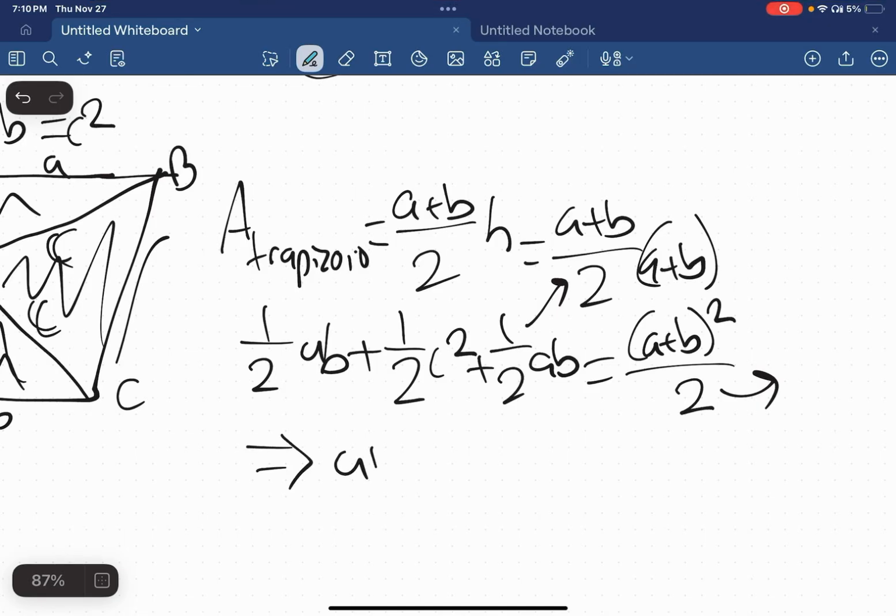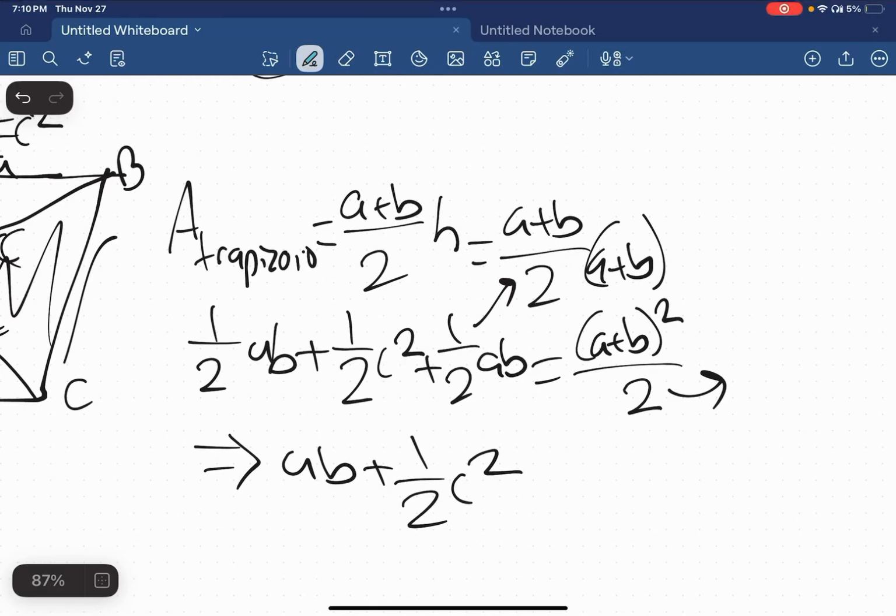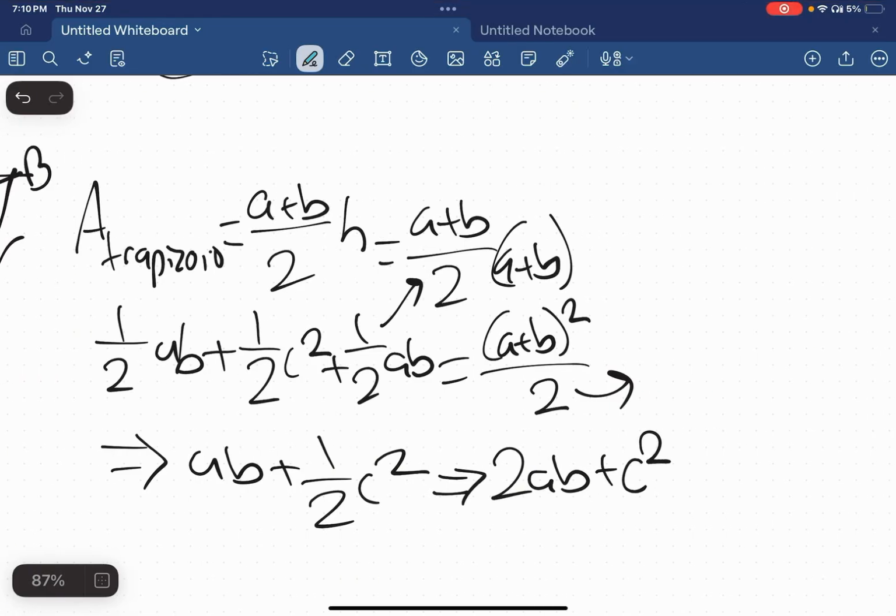These two add up, so we get ab plus 1/2 c squared, which means that 2ab plus c squared is equal to (a plus b) squared. What I did there was just multiply 2 on both sides.